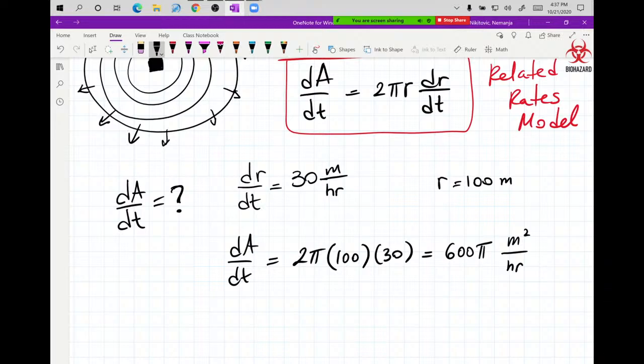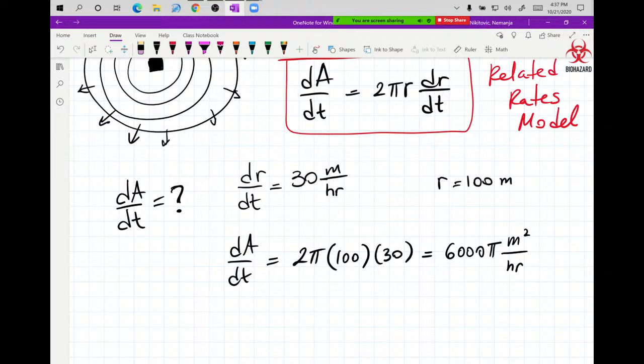600 pi? 6,000 pi. 6,000 pi, yeah, because we have 1, 2, 3 zeros. So it's 6,000 pi. Pi is about 3.